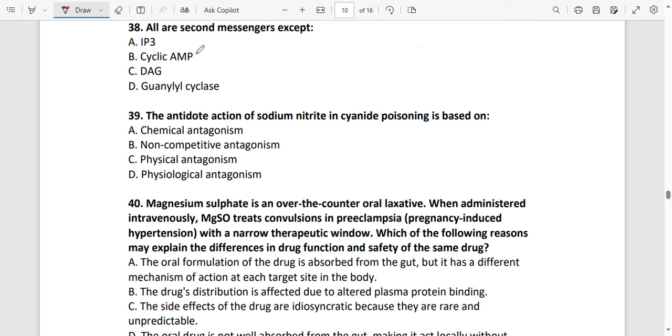The following are second messengers except: IP3, cAMP, DAG, guanylyl cyclase. Anyone that can help? Which one is not a second messenger?